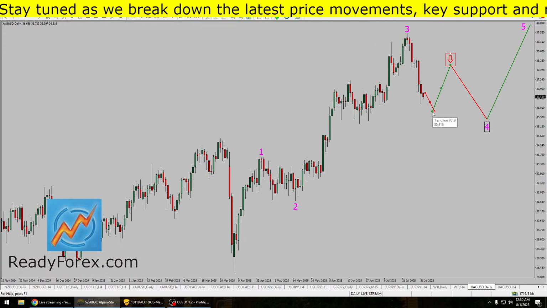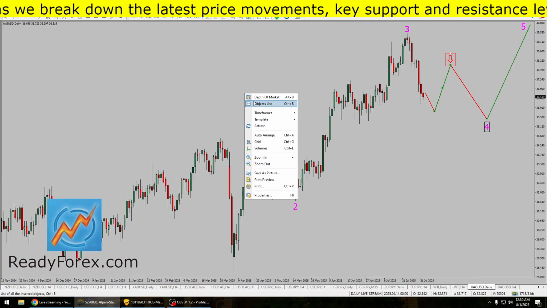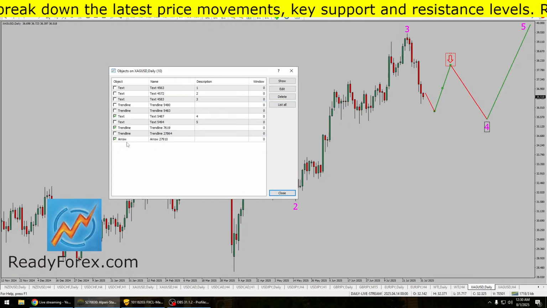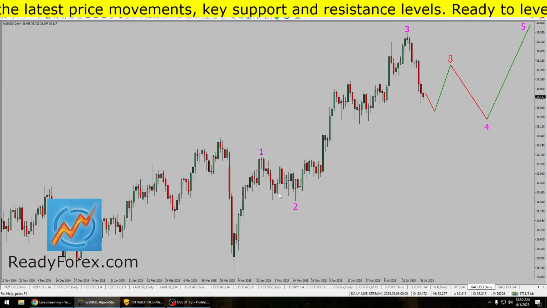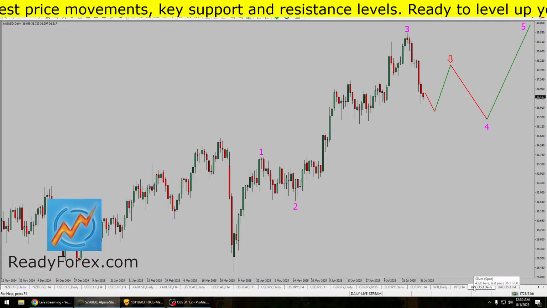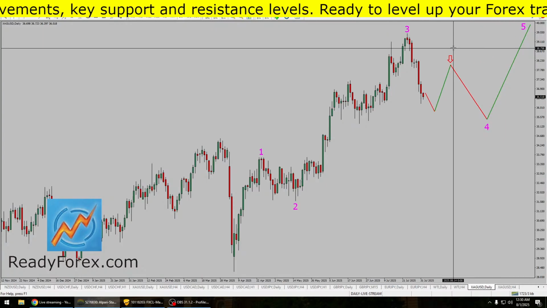Okay, let me deselect all of these. So the XAG USD pair, spot silver market, is probably going to drop more, but wait for a pullback.